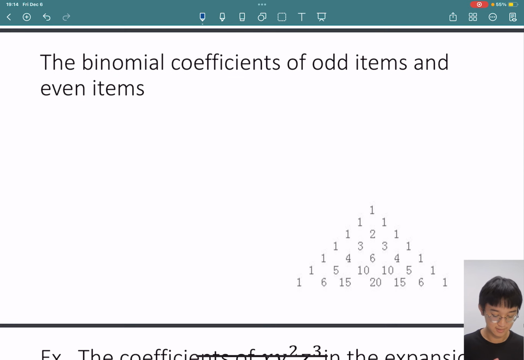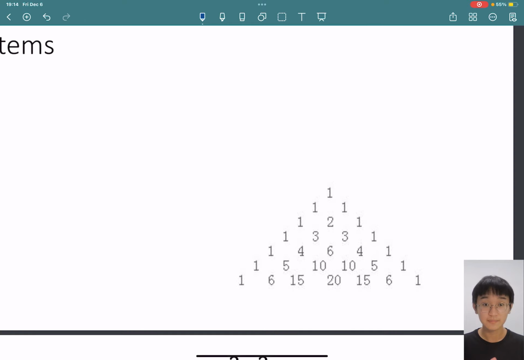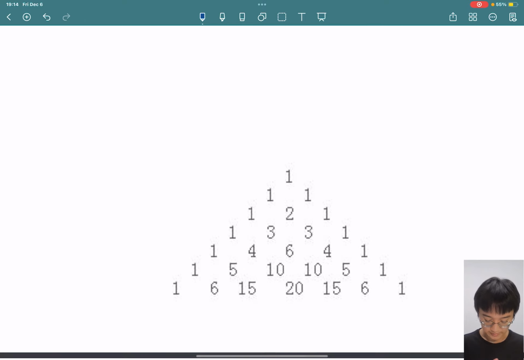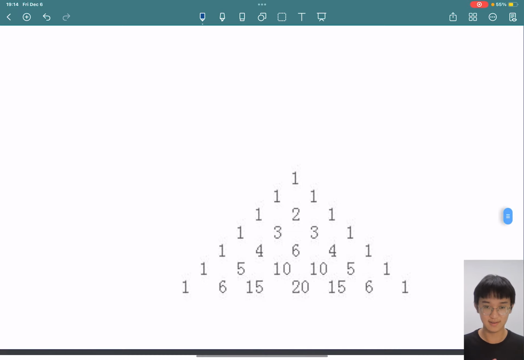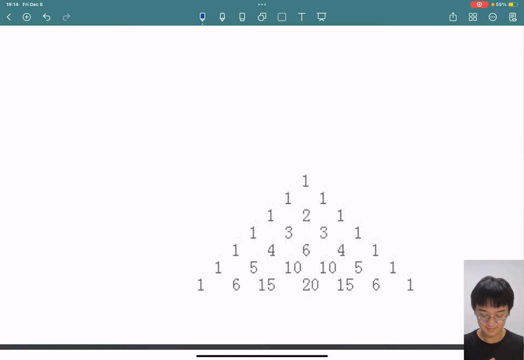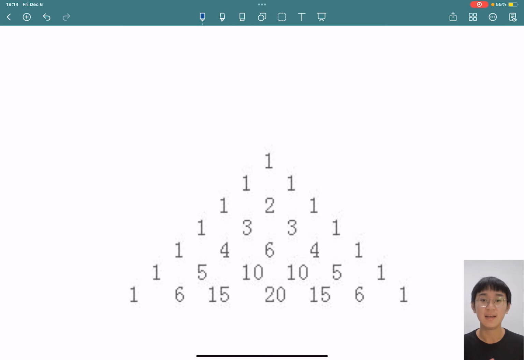And let's go on to the binomial coefficients of odd items and even items. So here is a triangle. The triangle in China is named the Yanghui triangle, and in other countries they call it Pascal's triangle. It is the same thing, and I will talk about the name here.